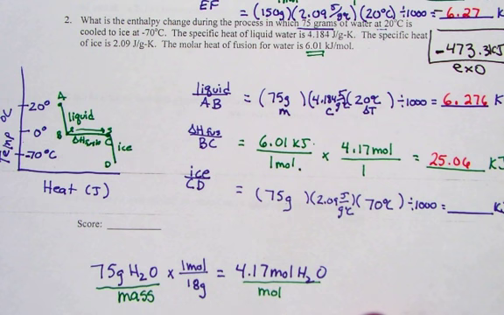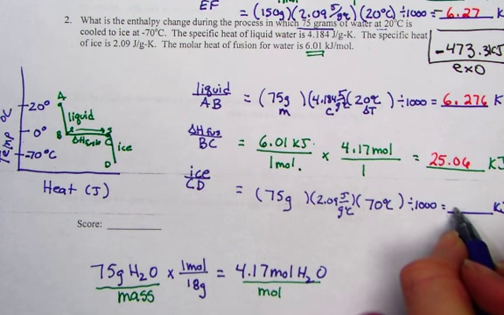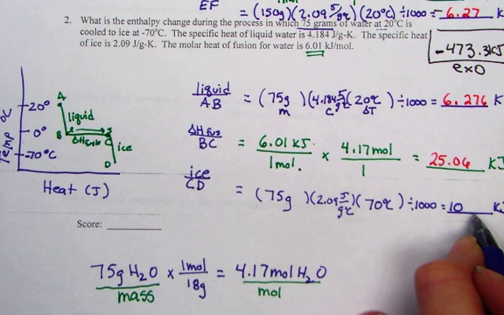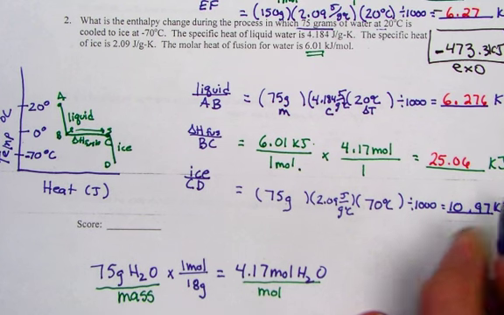75, the mass of our water, times 2.09, our specific heat of solid water, times 70, the delta T, and I'll divide that answer by 1,000, converting joules into kilojoules. I'm seeing 10.97. 10.97 is our answer.